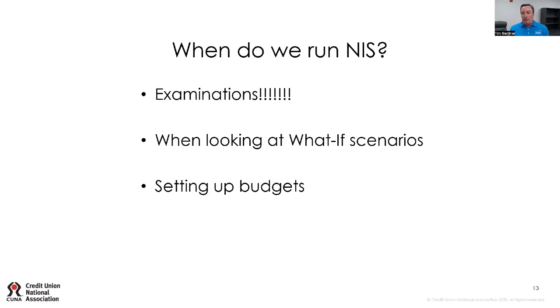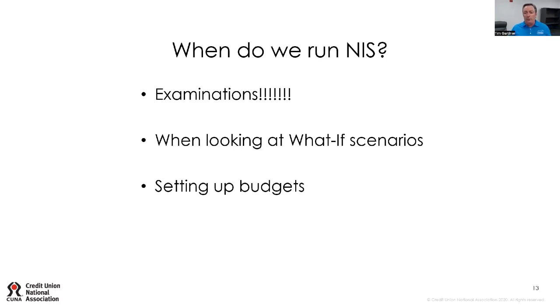Why does the net income change when interest rates go up or go down? So that when we have to explain it to the examiners, whether they're federal or state, doesn't matter, I have an idea as to what's going on because we look at it on a regular basis.